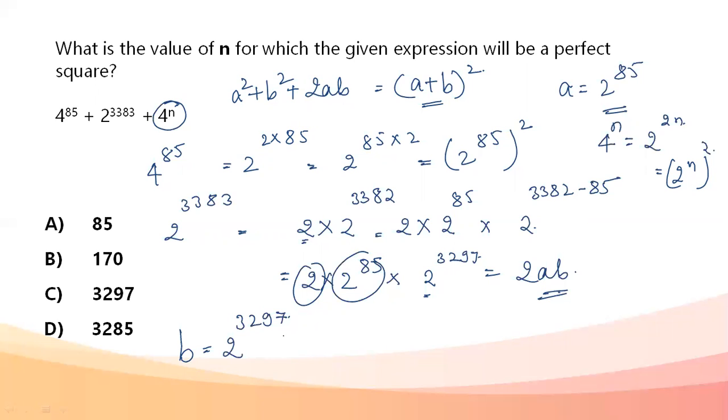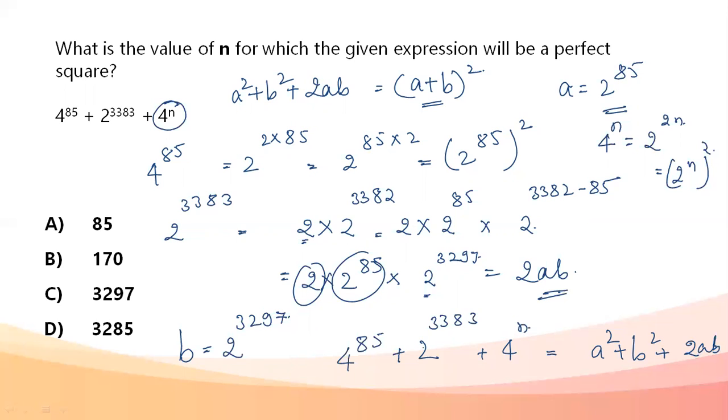So basically what I have now is 4 raised to power 85 plus 2 raised to power 3383 plus 4n. It has now reduced to a square plus b square plus 2ab, a plus b whole square.